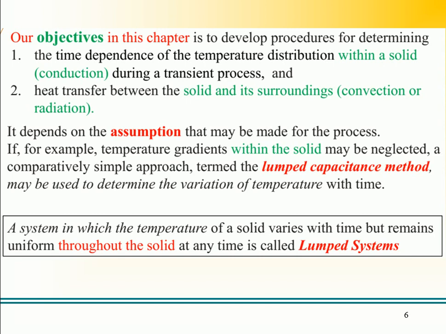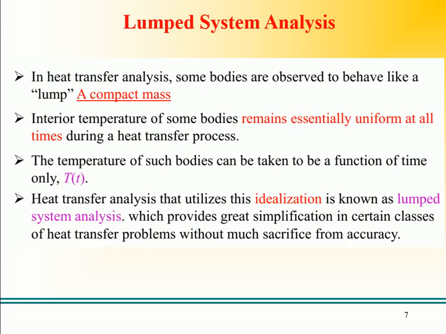So a system in which the temperature of a solid varies with time but remains uniform throughout the solid at any time is called a lumped system. The temperature of the solid is of course varying, but within the solid the temperature remains the same at any time. So we are assuming that within the solid the temperature is almost constant.